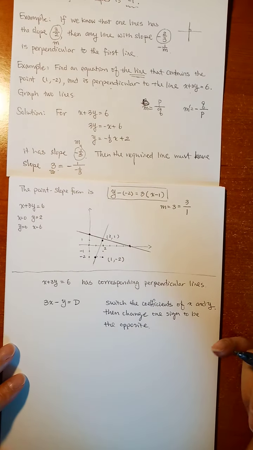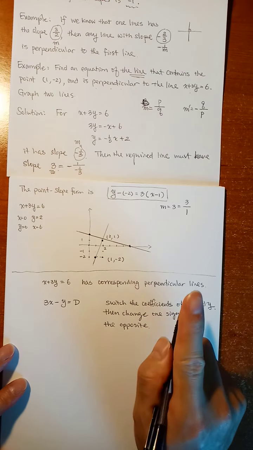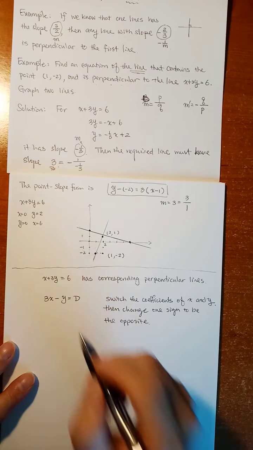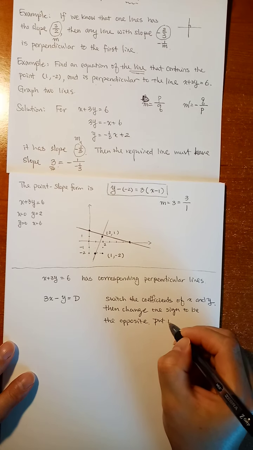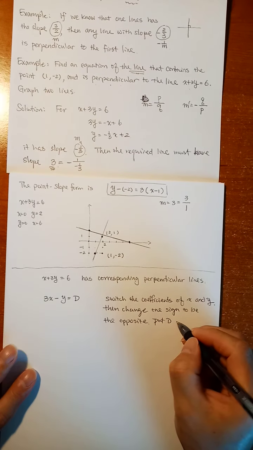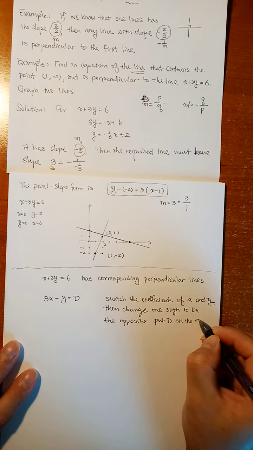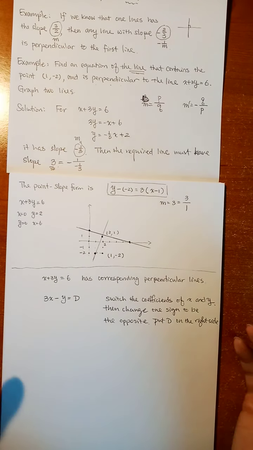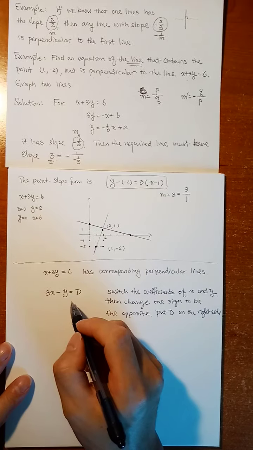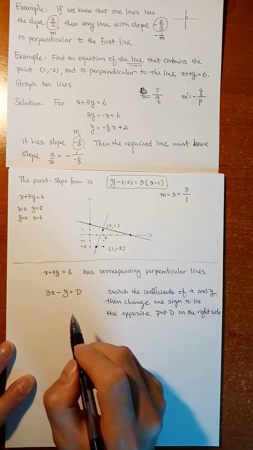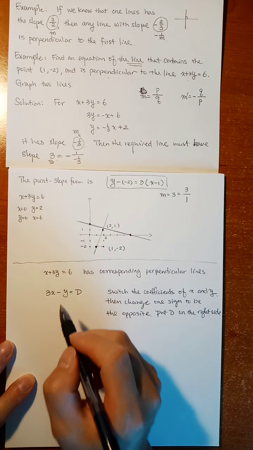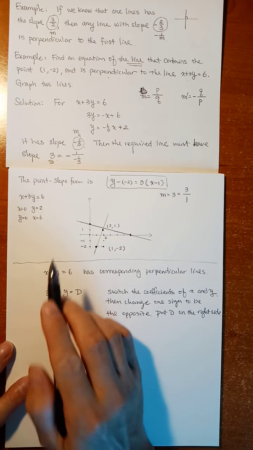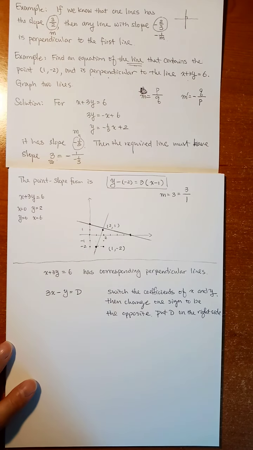If it's negative, you change it to be positive. Just change one. Don't change both. And put D on the right-hand side. Well, D, of course, is unknown. We don't know what D is. But this equation will guarantee the corresponding line is perpendicular to the first line.